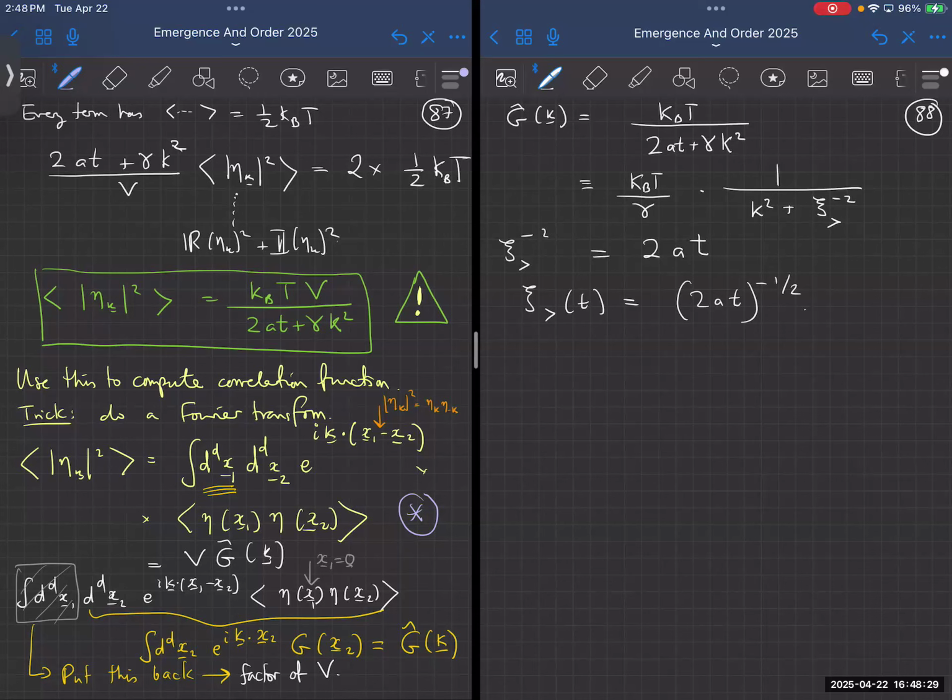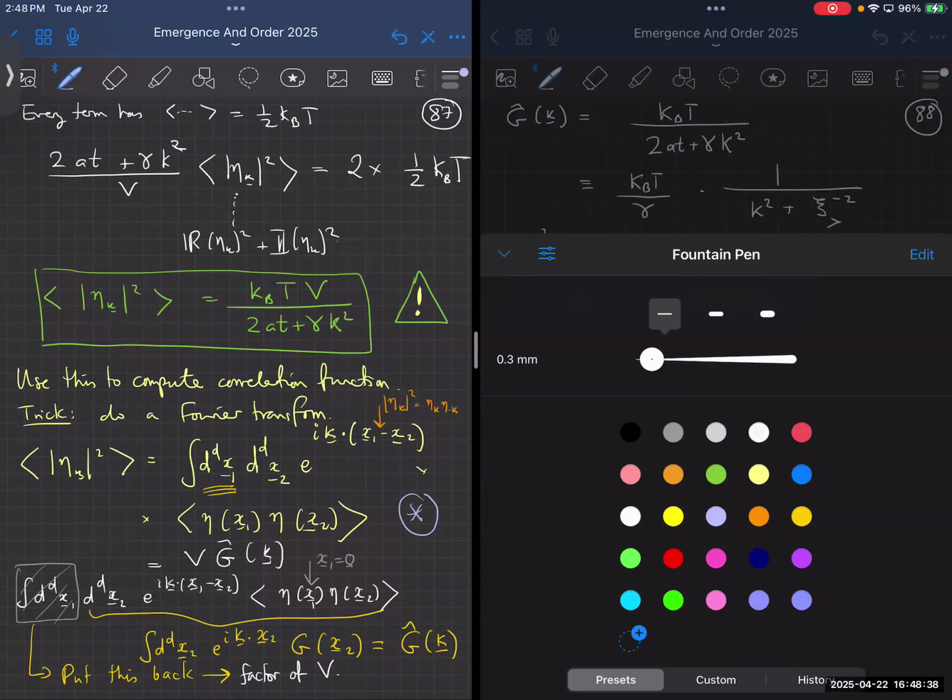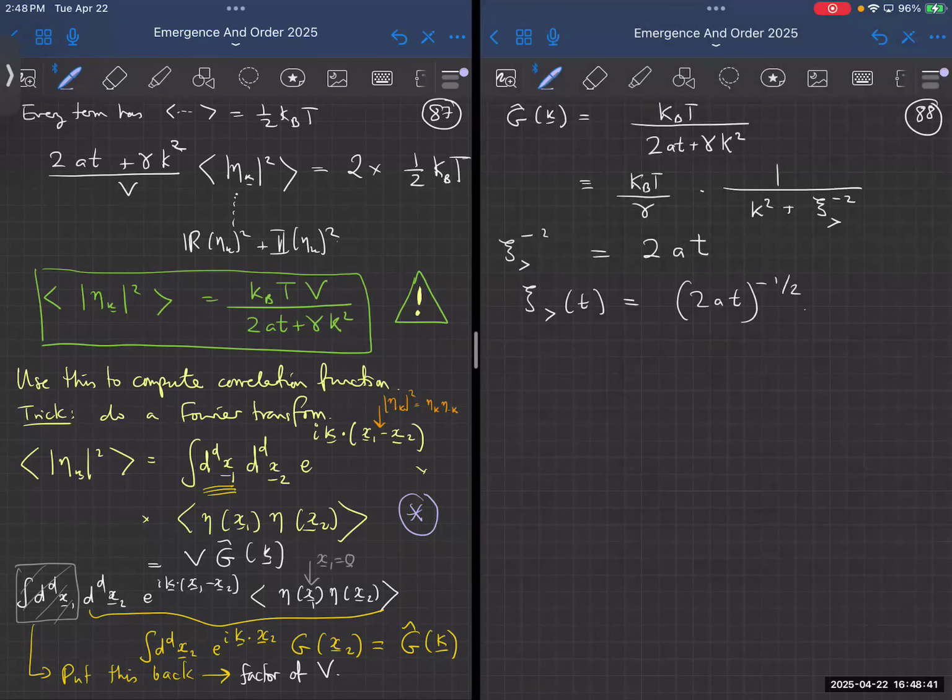That's the first thing. The second thing that I did was then I used that formula to write it in this particular way. So let's unpack this. This is a factor of kBT over gamma. That's what we calculated.